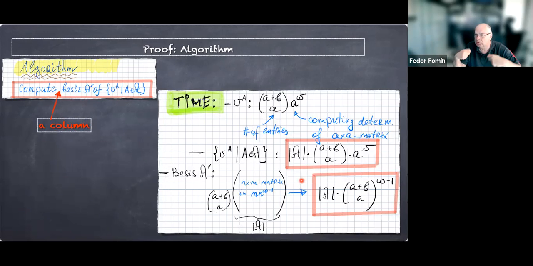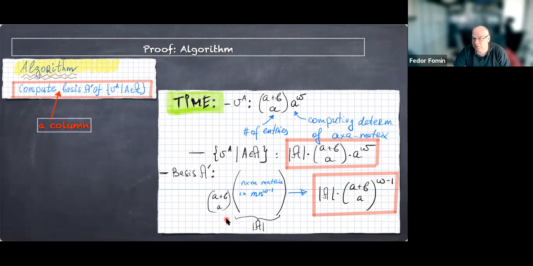And then in this set I need to compute the basis, or if you view it as a matrix, the time required to compute the column basis of this matrix. If I have an n times m matrix, then again take it as a fact from linear algebra that I can compute the column basis of this matrix in time m times n to the power omega minus 1.